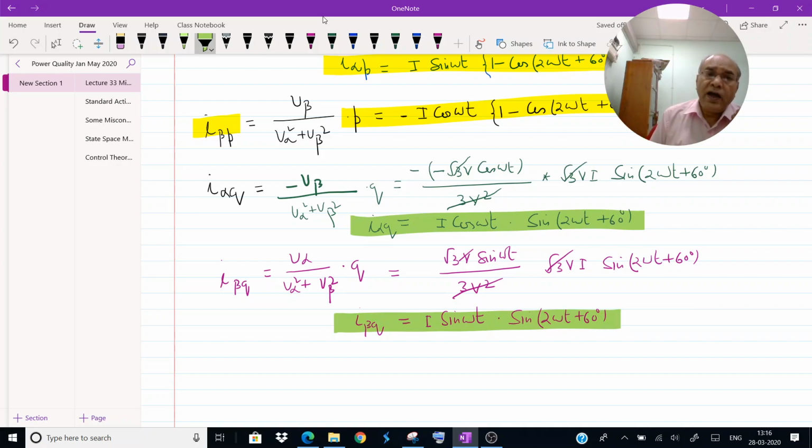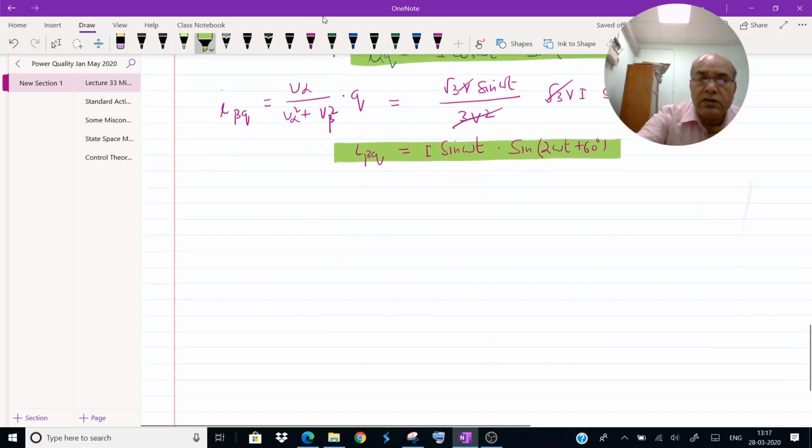So what we know: I alpha p, I beta p, I alpha q, I beta q. Now it is time to find out back what are IAP, IBP, IAQ, IBQ. So earlier we have established the relationship between these components.